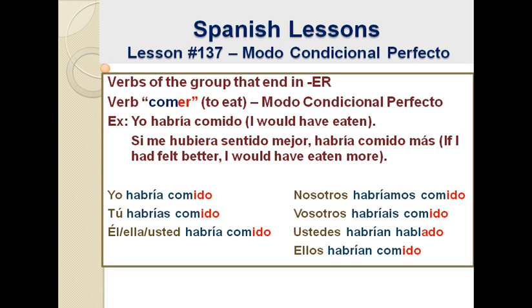You would have eaten. Here I should have used the verb comer instead of the verb hablar, okay? And our last example is ellos habrían comido, or they would have eaten, okay? So this is the conjugation of the verb comer in the Modo Condicional Perfecto.